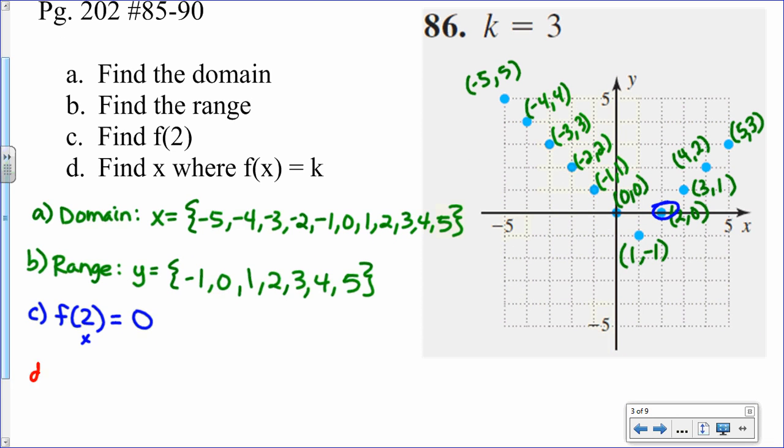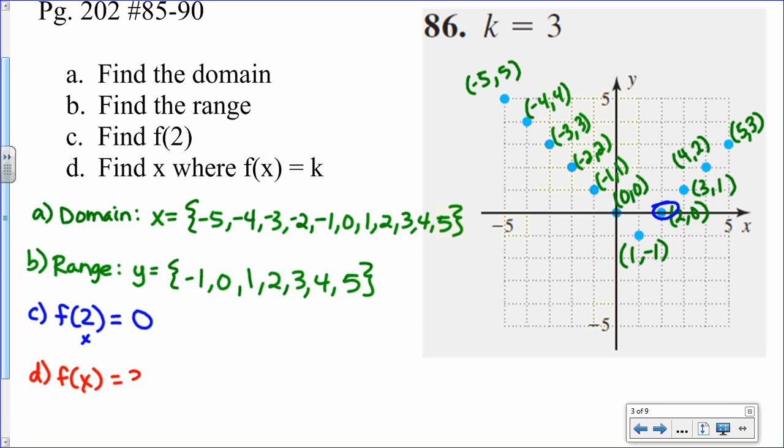You might have noticed this k value at the top of your graph. That really didn't mean anything until right here. I don't really know why they do it like this, and they don't just tell you find f of x equals 3, but they don't. So that k equals 3 is what you use here.